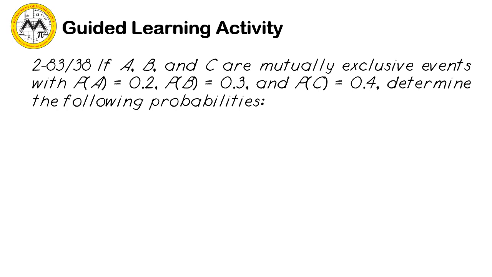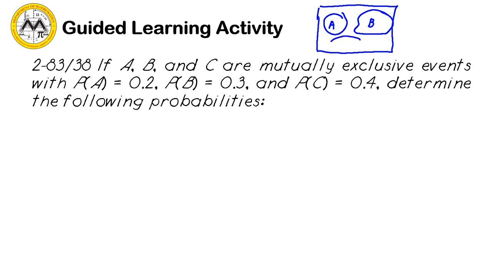Example, if A, B, and C are mutually exclusive events. When you say mutually exclusive events, there's no intersection. So graphically, this is A, this is B, and this is C. What is the probability of A?